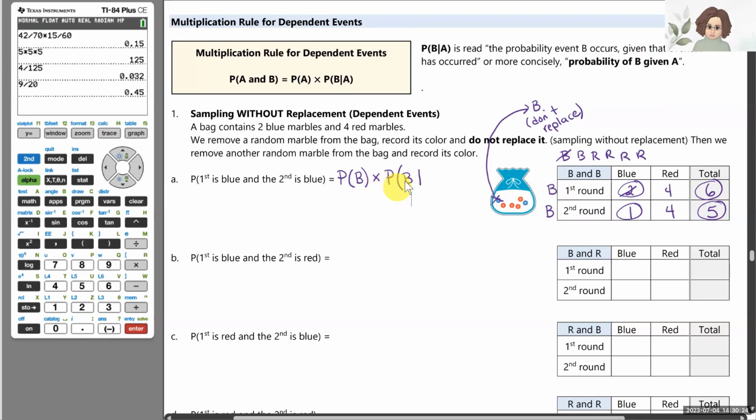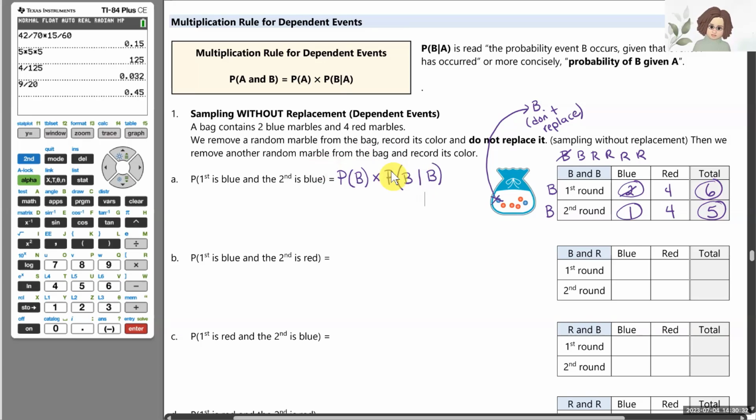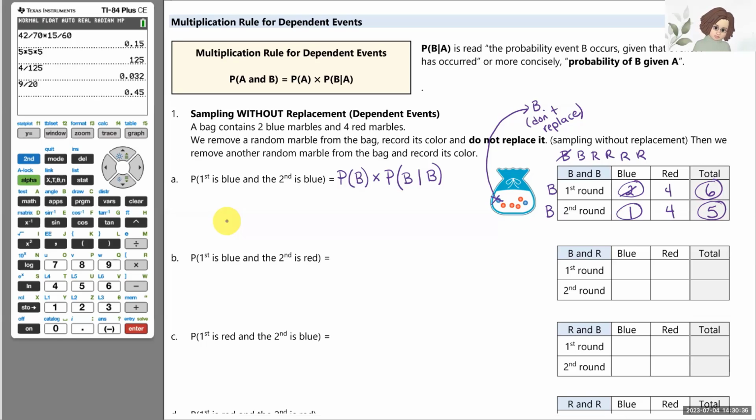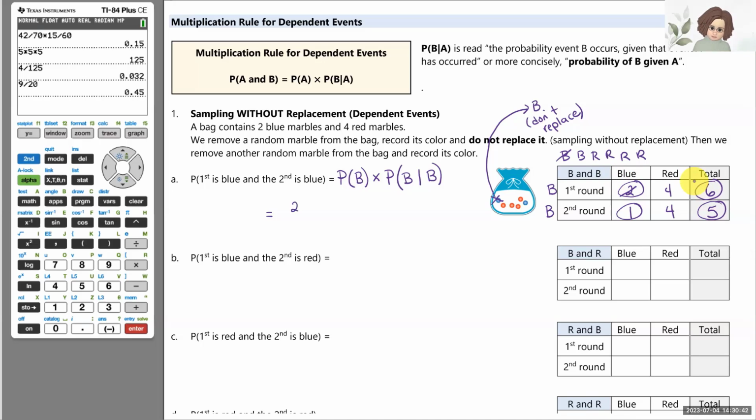So we want to know the probability the second one is blue, given that the first one was blue. So I know it looks a little bit strange here, but we'll just talk it through again with numerical values. So we would say, what is the probability of getting a blue marble? 2 out of 6 times.